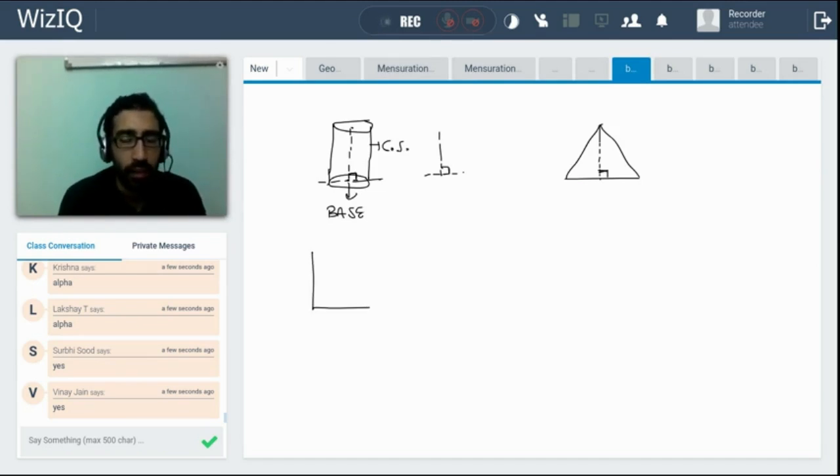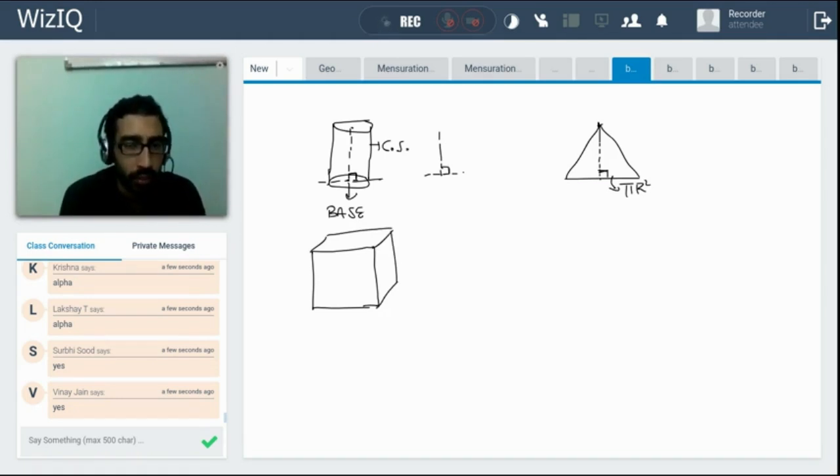A cone has its area of cross section constantly decreasing up to 0. At the top of the cone, the area of the cross section is 0. At the bottom, the area is of course pi r square. So figures where the area of cross section is constant, like a cuboid or a cube or even a cylinder, for all of them.